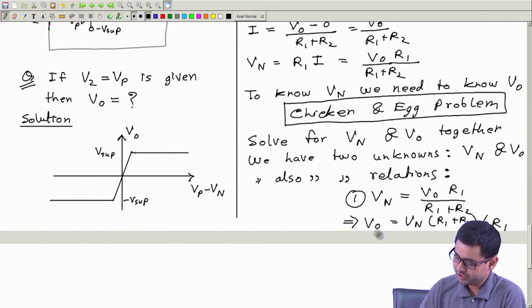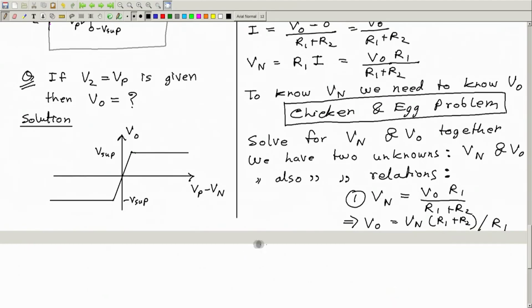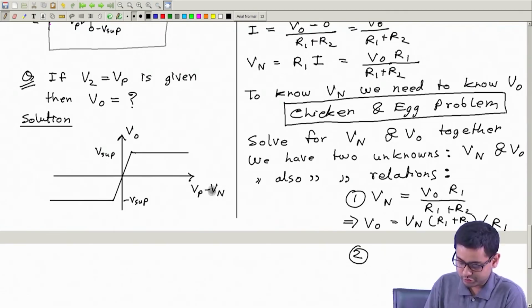Either way you can write. So this is one relationship between Vn and Vo, and second relationship is what is given by the static characteristic. So there is a relationship between Vn and Vo.